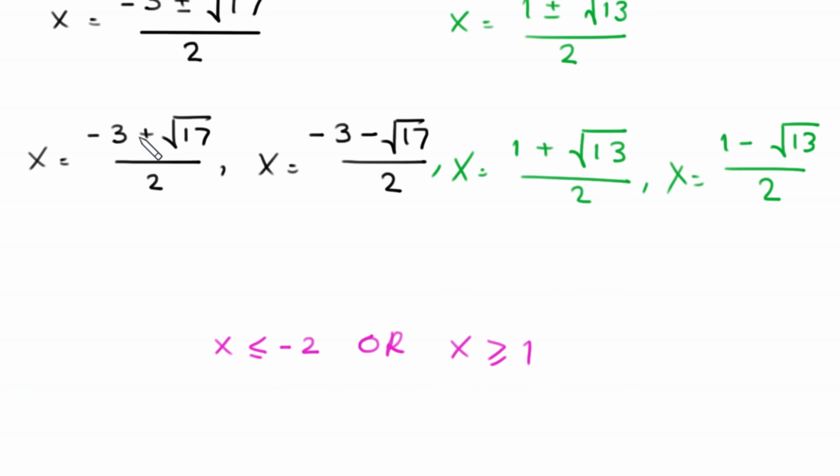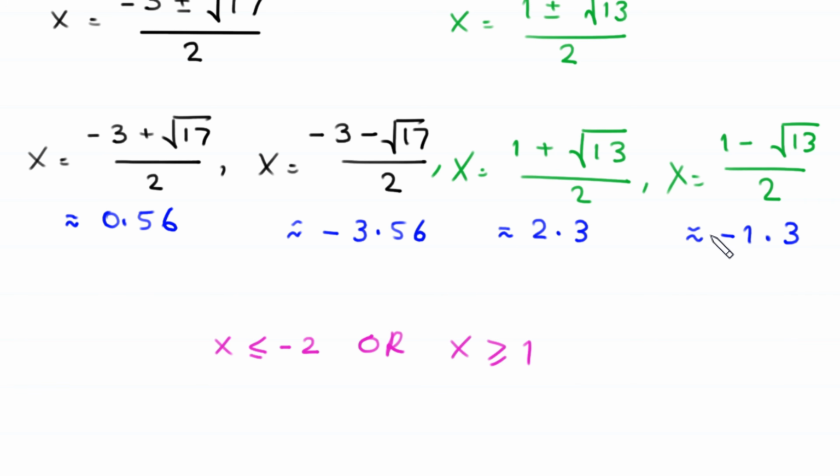This negative 3 plus root 17 over 2 is approximately equal to 0.56, and this negative 3 minus root 17 over 2 is approximately equal to negative 3.56, and this 1 plus root 13 over 2 is approximately equal to 2.3, and this 1 minus root 13 over 2 is approximately equal to negative 1.3.